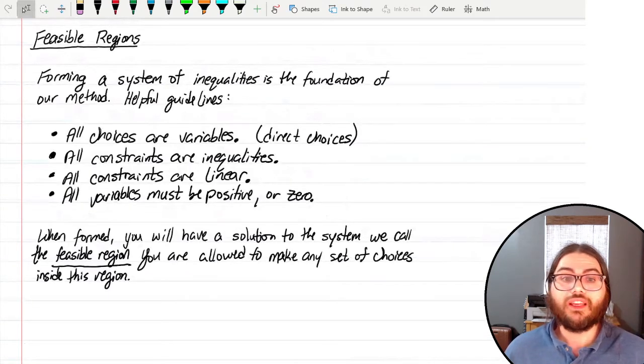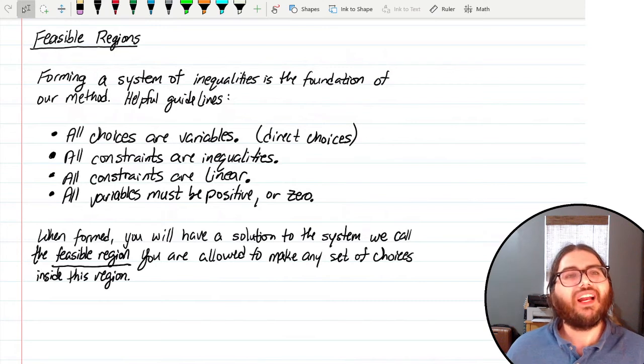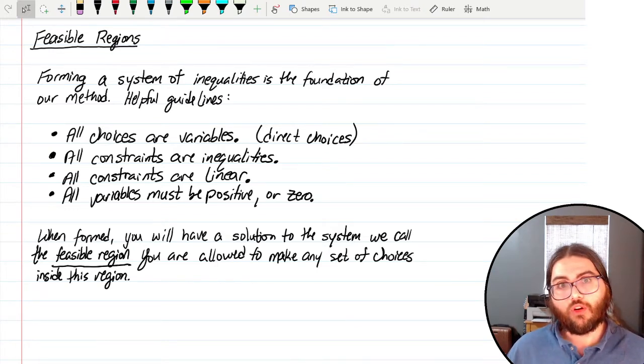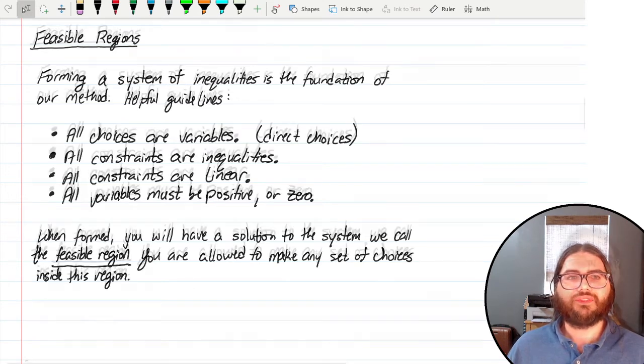I'm allowed to make any choice, any solution inside that feasible region. So I have to decide which one of those choices is the optimal choice, or does an optimal choice even exist at all? And that will be the next part of our class.